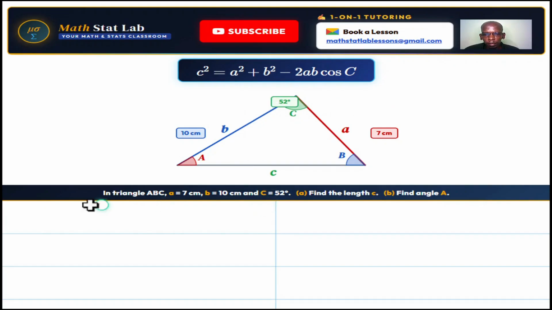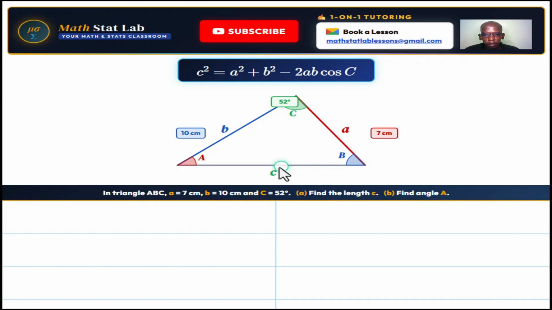Then you are told to find the length of c, and you are also told to find angle A. We can start by finding the length of c. Note that we are given a as 7 centimeters, b as 10 centimeters, and angle C, which is 52 degrees.